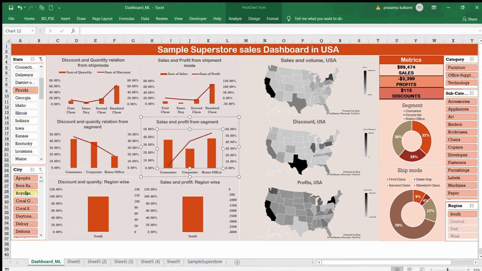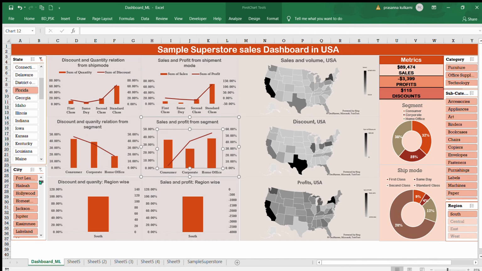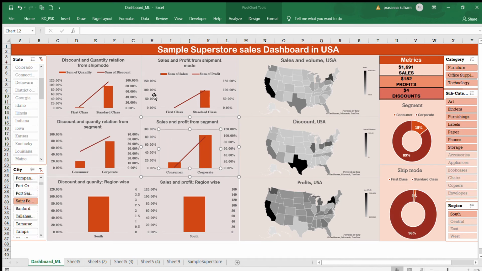Even we can take Florida, there are cities here. Let's take Saint Petersburg, where we can see that the sales from Saint Petersburg, Florida is $1,691 with a profit of a very good amount, that is $151, with a very minimal discount, that is $4.